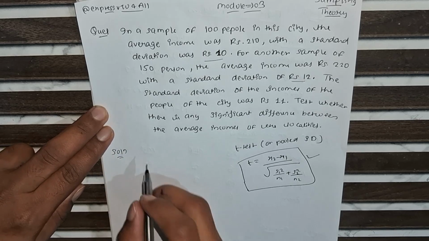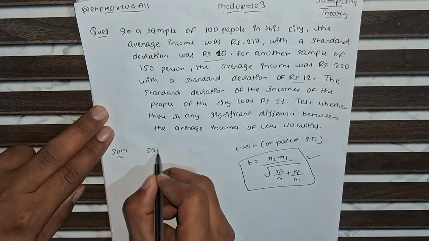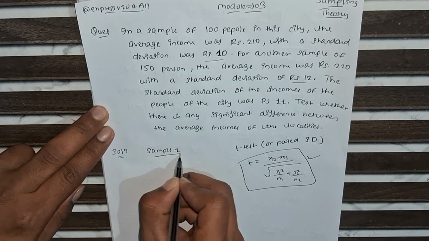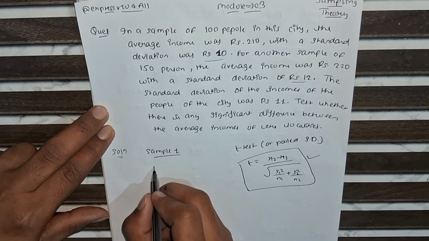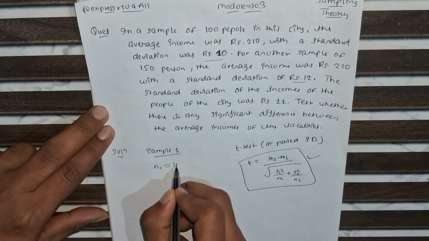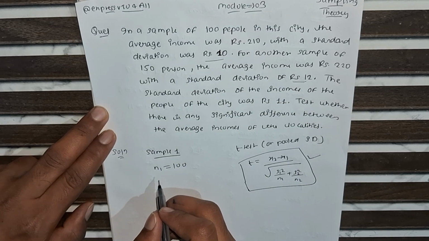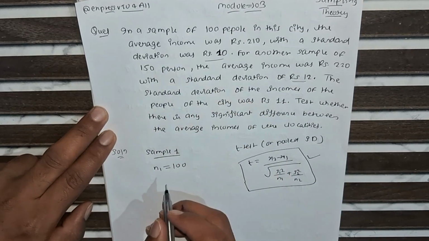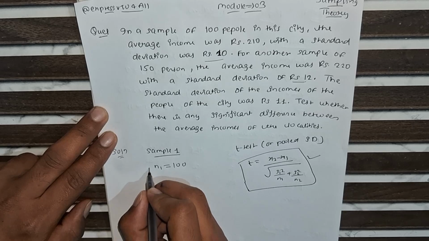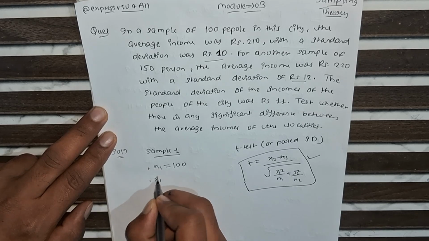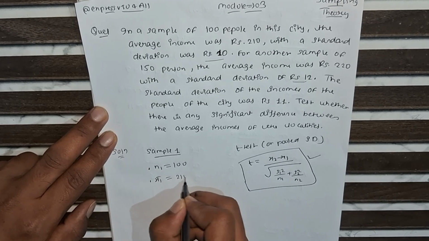Solution. First we write our sample 1, because two samples are there. In sample 1, what is our n value? n1 equals 100, this is 100 people. What is our x1, which is nothing but the average income? This is x bar 1, which equals 210.